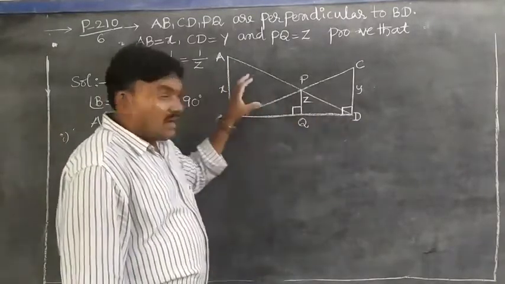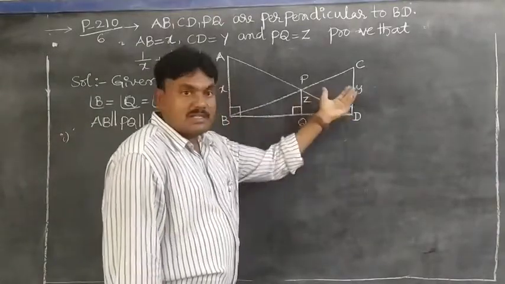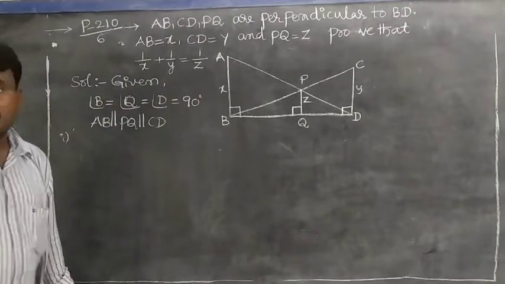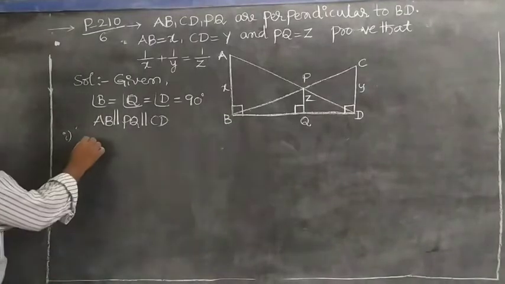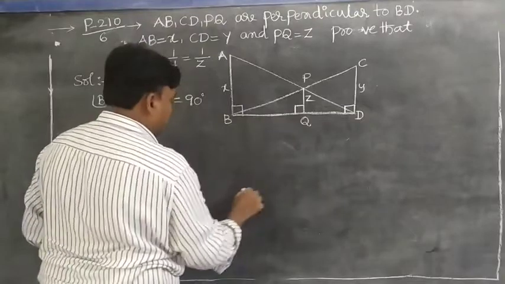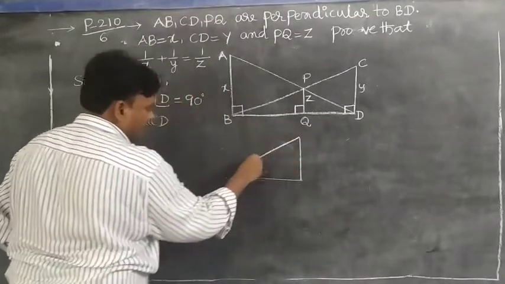ABD is one right angle triangle, and BDC is another right angle triangle, taken separately. Now observe, this triangle BDC we have taken separately, a right angle triangle like this.